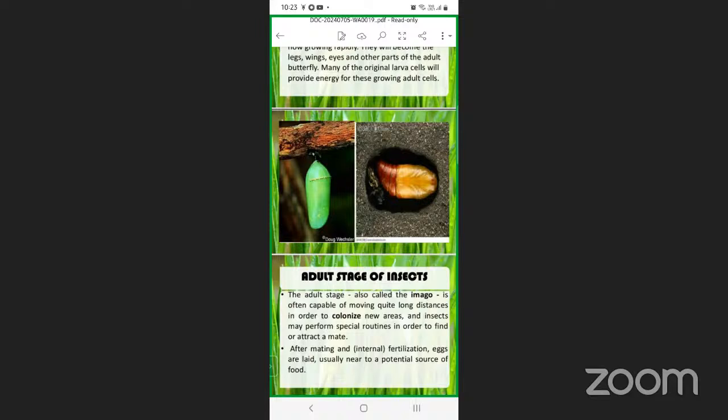In this diapause stage, when we keep silkworm eggs at some temperature, they will remain in diapause until we take those cards.